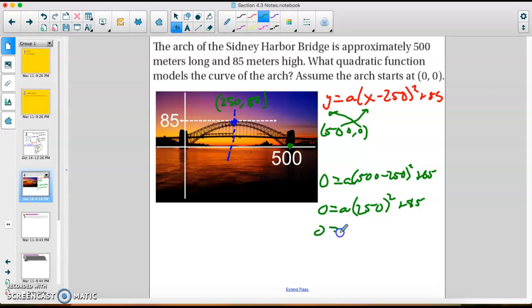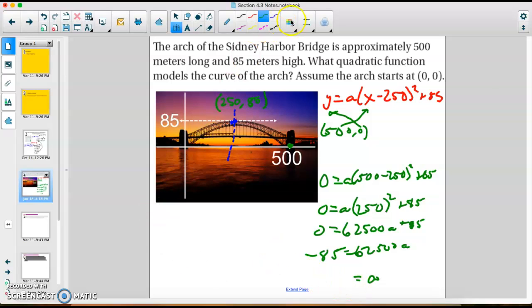Okay, so 0 equals, let me grab a calculator here, 250 squared. There's a nice big number. 62,500 a plus 85. When we subtract, we get negative 85 equals 62,500a. When we divide, we get a equals negative 85 divided by 62,500.